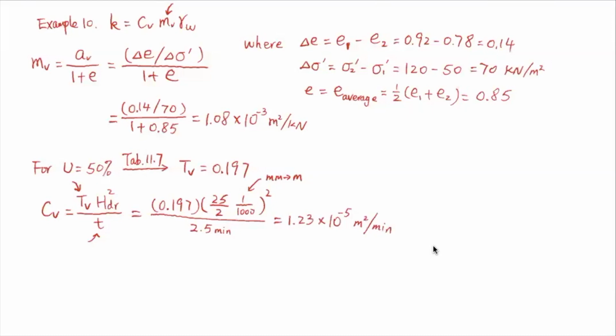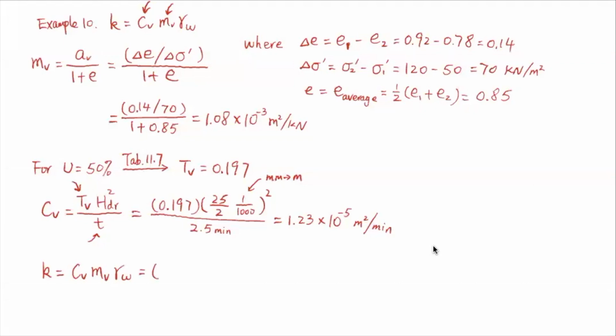So now we have this C sub v taken care of. And gamma w, the unit weight of water, is again 9.81 in SI unit. So we can calculate the hydraulic conductivity k, C sub v, m sub v, gamma water.